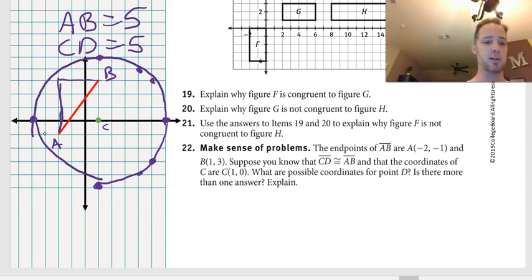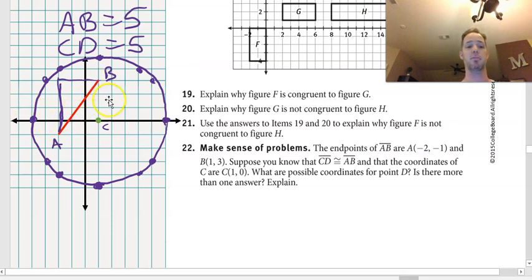Whoops, that last part looked kind of ugly there. Literally any of those points can make segment CD congruent to AB.